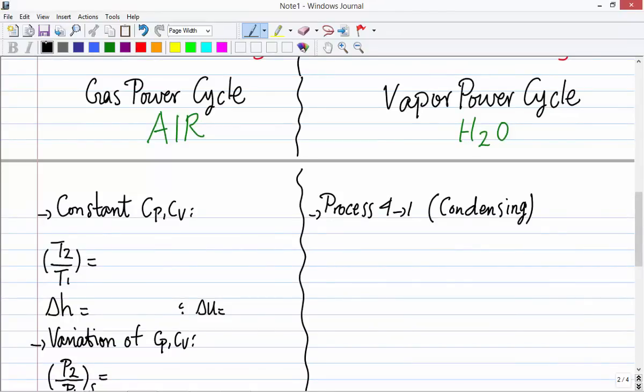So in the examples about gas power cycle, Brayton cycle, we had two choices: constant specific heat, CP and CV, or variation of specific heats. I'm just giving you a summary. So in a constant specific heat approach, we could use these relationships, right?